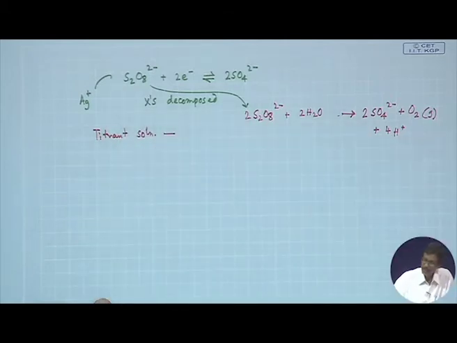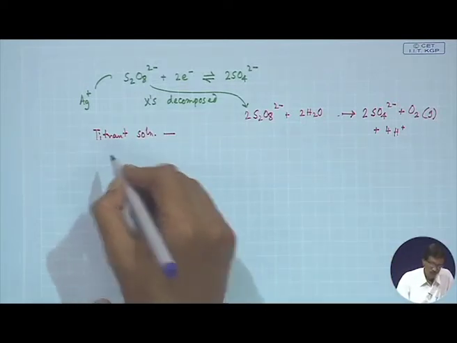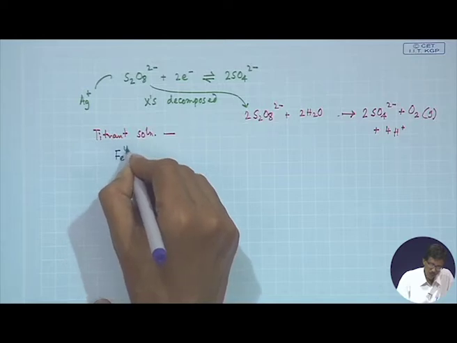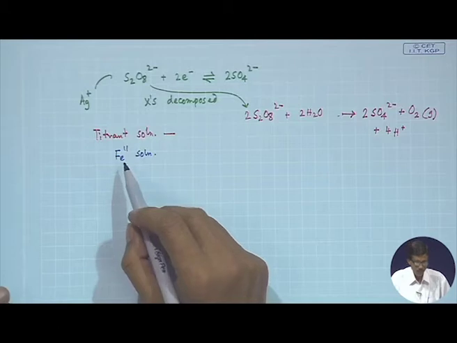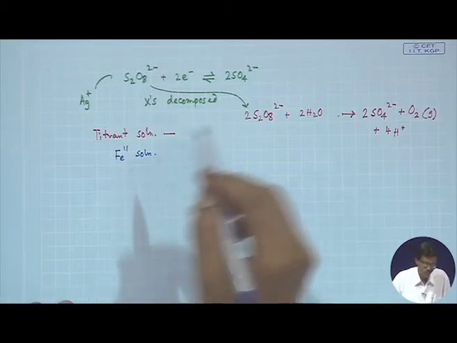If you have this particular titrant solution, iron 2 solutions are very much useful. It can be standardized with respect to the standard potassium permanganate solution.